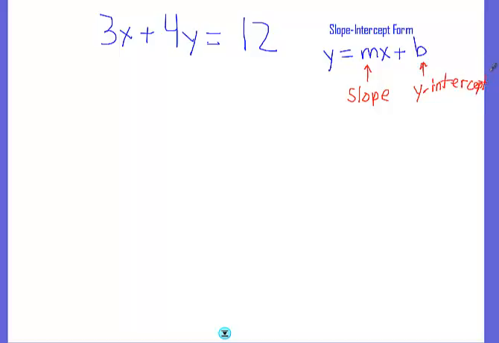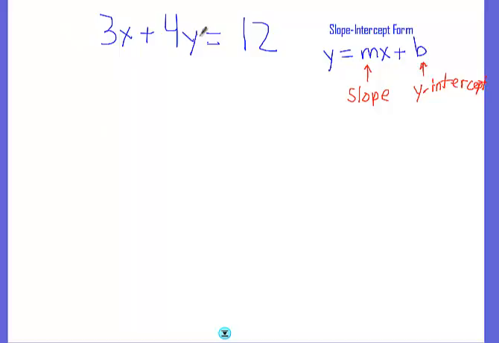So there we have it, y equals mx plus b. What you notice is the only difference between standard form and slope-intercept form is that in standard form, the y and the x are on the left side of the equation, and they're all integers, a, b, and c. In slope-intercept form, you solve for y, and you're allowed to have fractions for m and b.